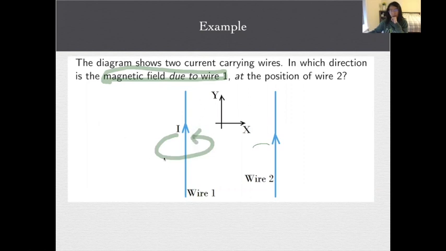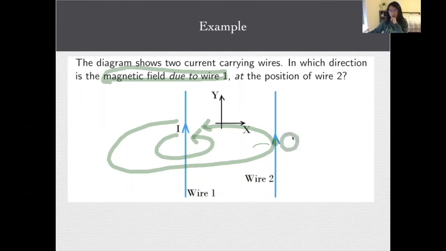It could be a very large circle. So the magnetic field created by wire 1 at the position of wire 2 will be into the page.